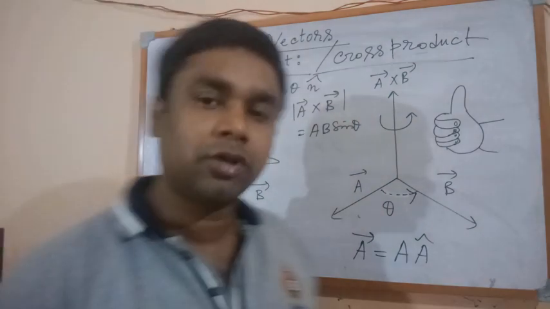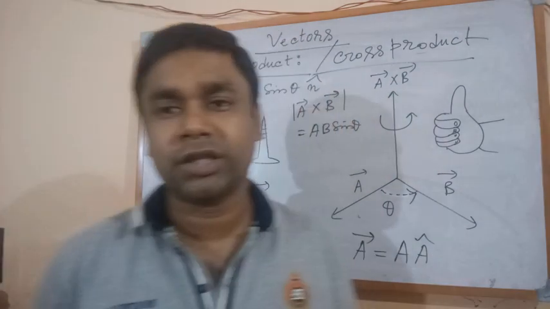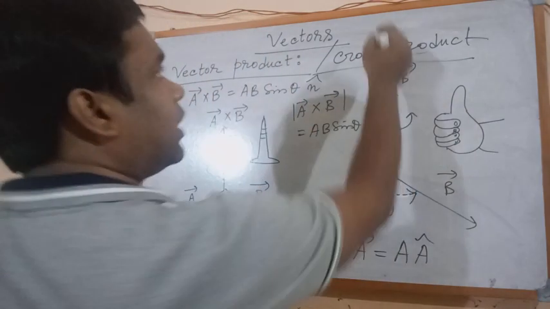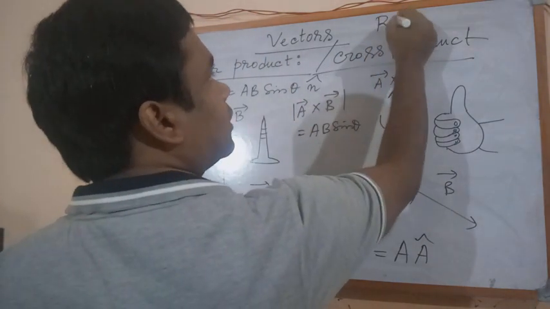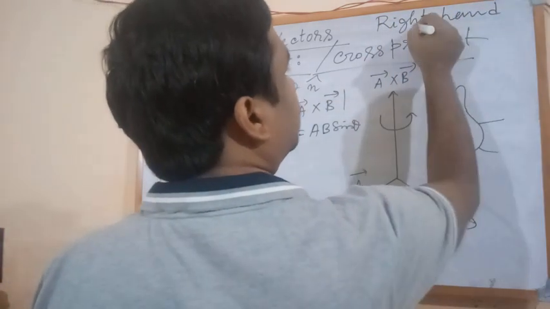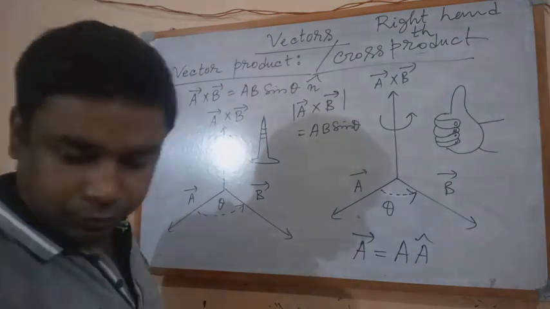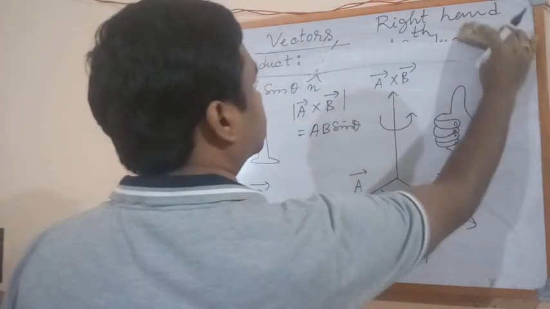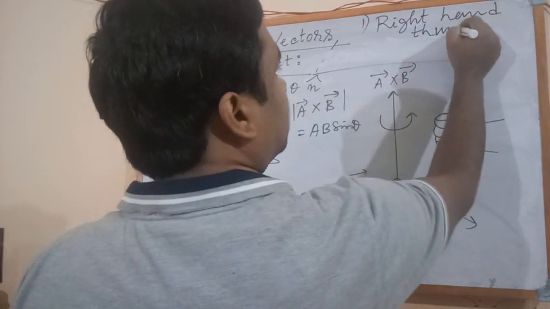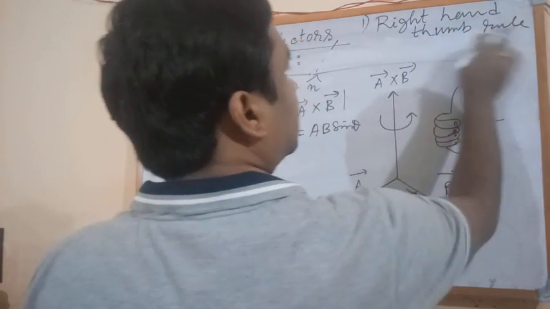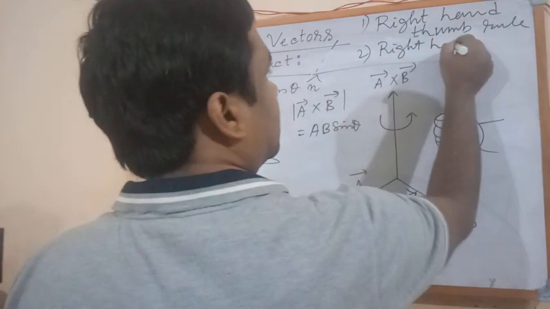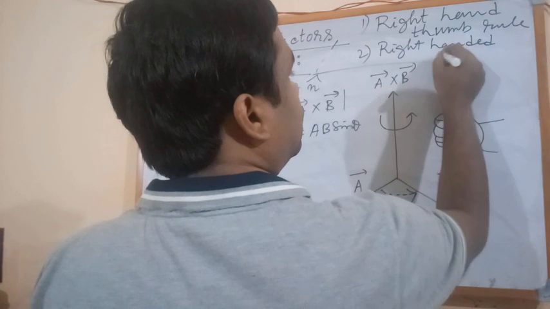There are two rules to find the direction of A vector cross B vector. One is the right hand thumb rule, and another is the right-handed screw rule.